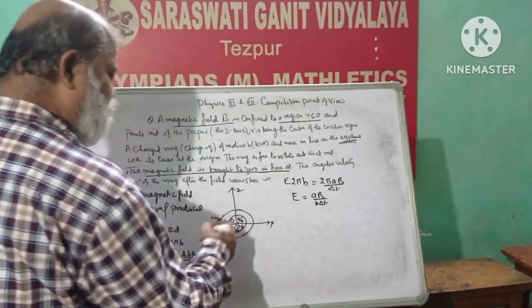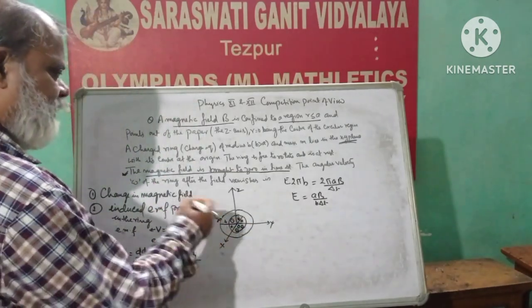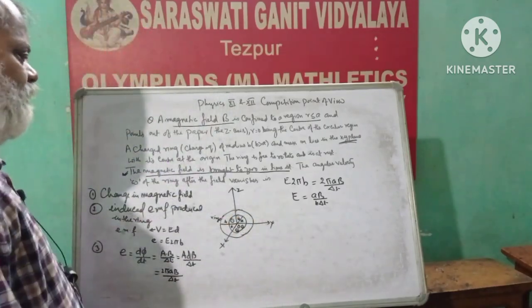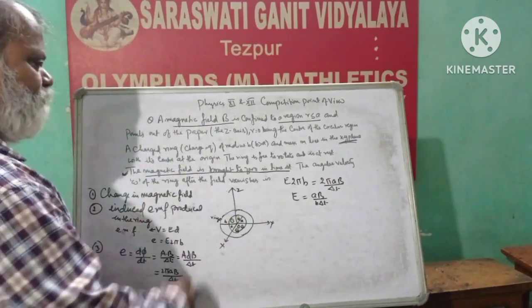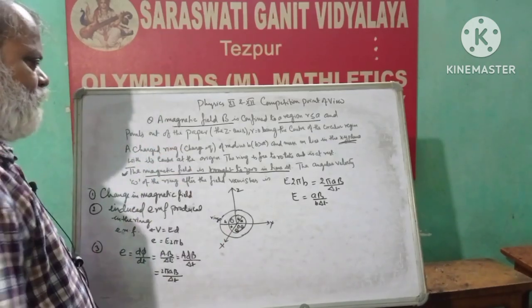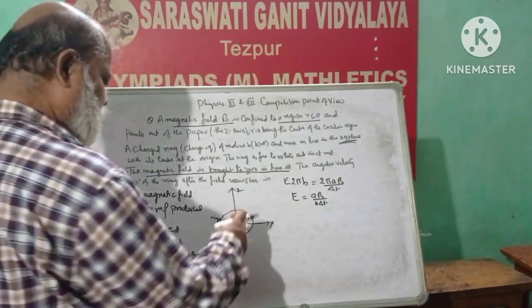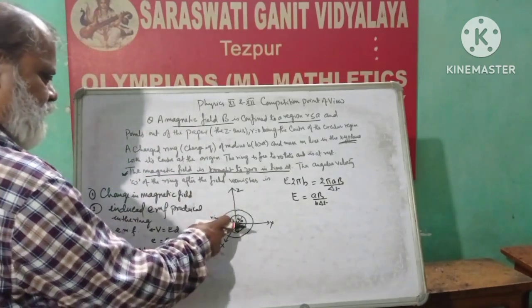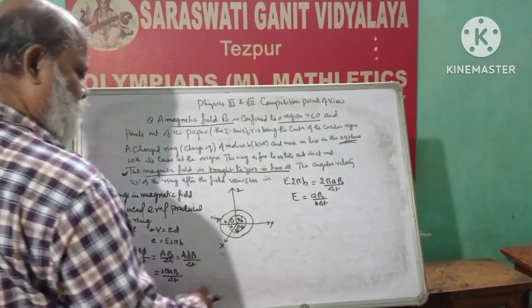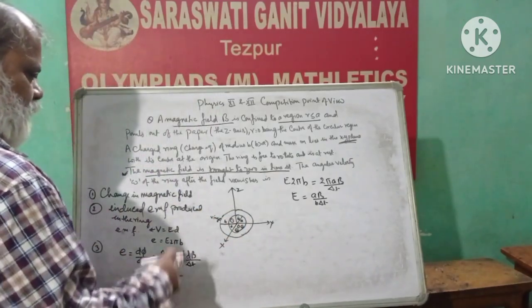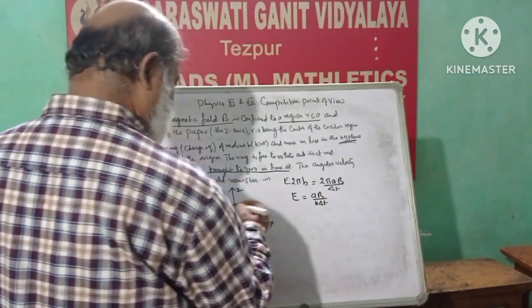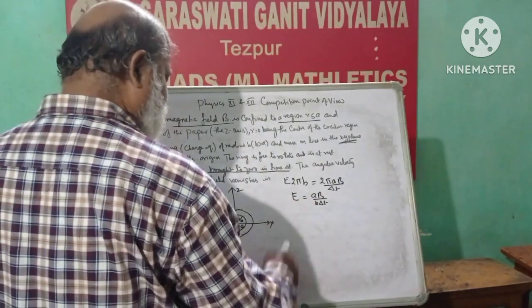And when this electric field is produced, there is a force, because due to the flow of current, naturally there will be an electric field, because there is a flow of charge, which is created due to the change in magnetic field. So this is the electric field.